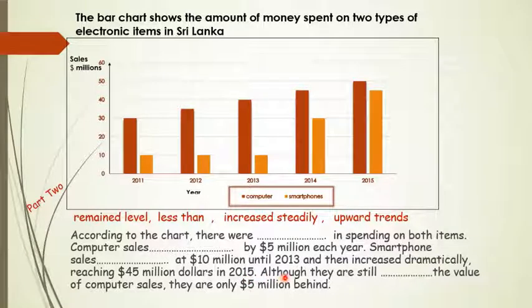Although they are still blank, the value of computer sales, comma, they are only $5 million behind.